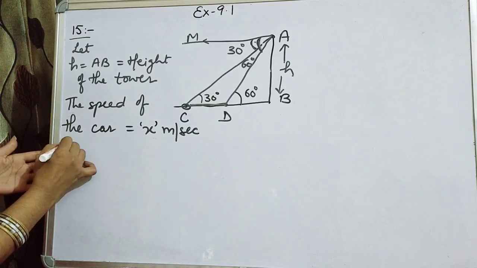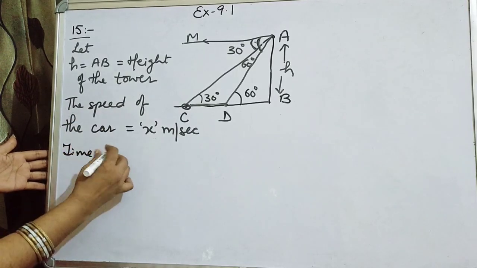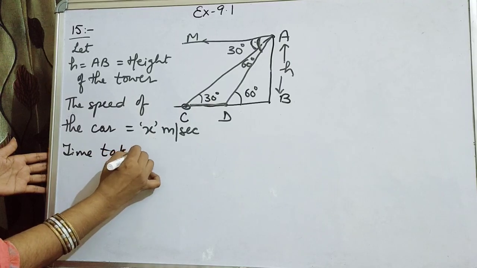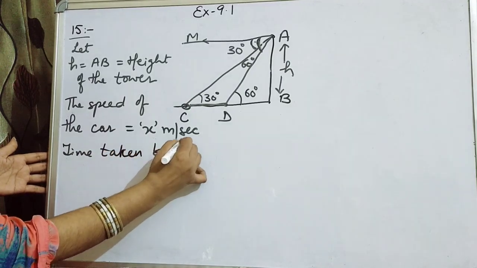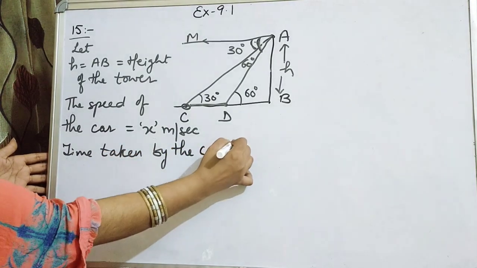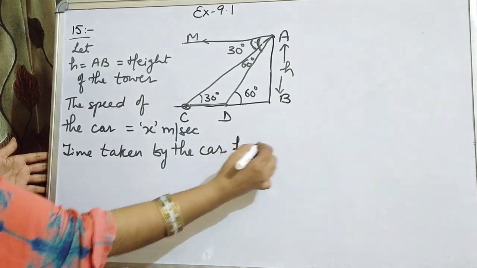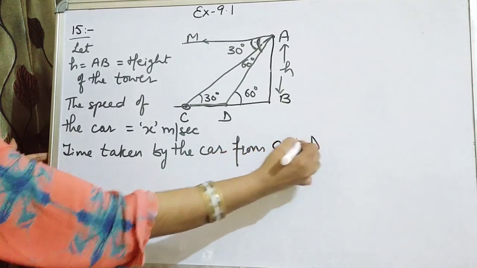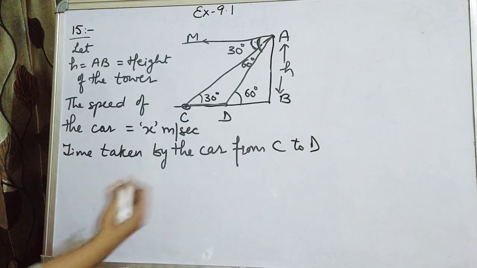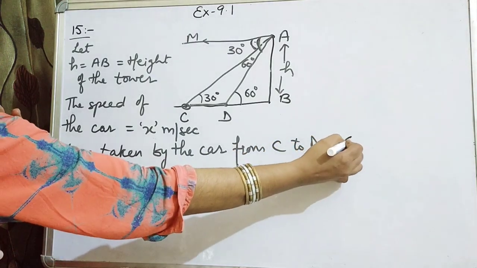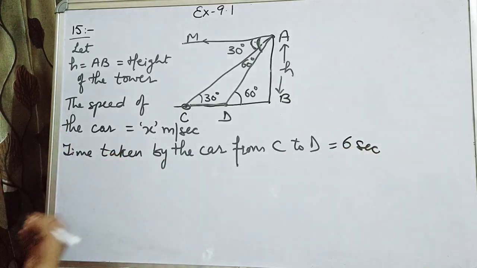And the time taken by the car from C to D is 6 seconds. That is given in the question.